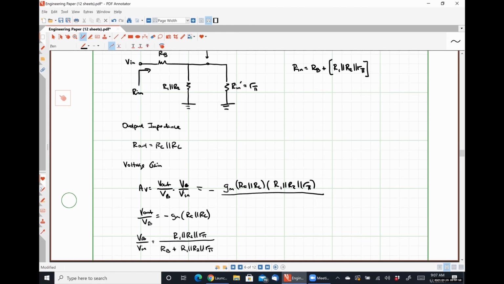All of this is divided by RB plus R1 in parallel with R2 in parallel with R pi. Thoughts? Anything, anybody see anything incorrect with this?